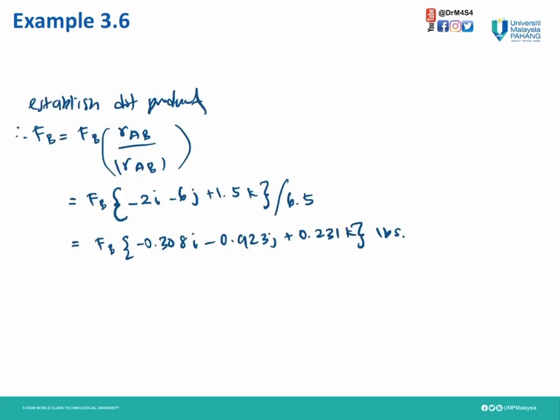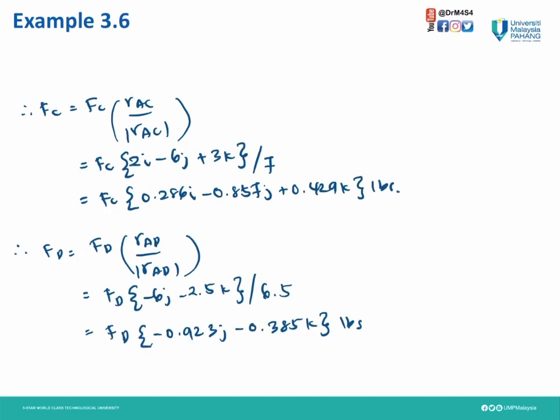Then we have to establish the unit vector for our forces. So for FB, it is FB times RAB divided by its magnitude. Then do the same for FC and FD.